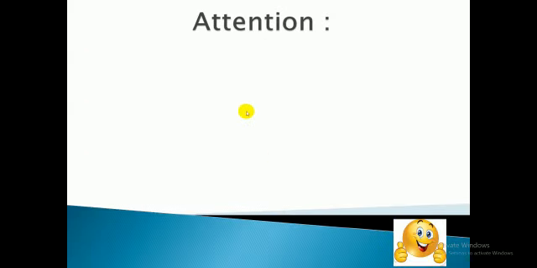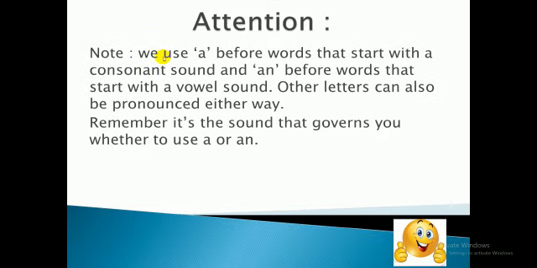Attention, guys. Note: we use the article a before words that start with a consonant sound, and the article an before words that start with a vowel sound. The vowel sounds are a, e, i, o, and lastly u. Other letters can also be pronounced either way.